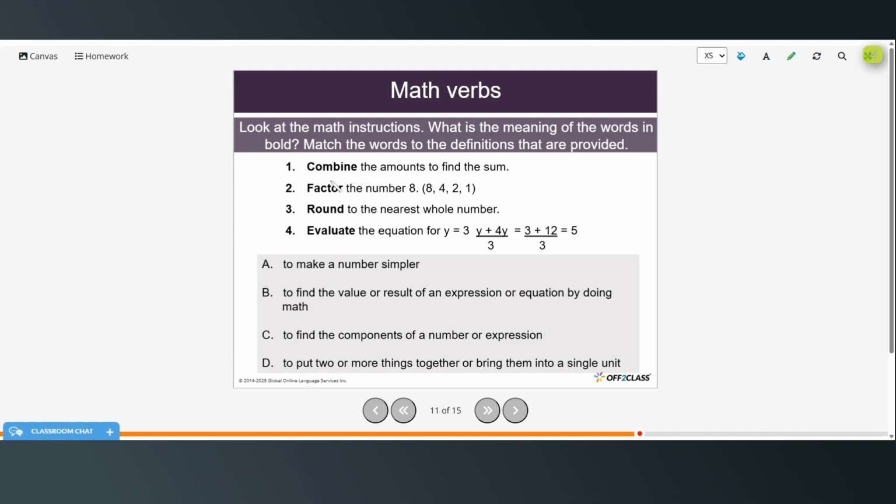Alright, so number 1, combine the amounts to find the sum. That would go with letter D, to put 2 or more things together to bring them into a single unit. Factor the number 8.